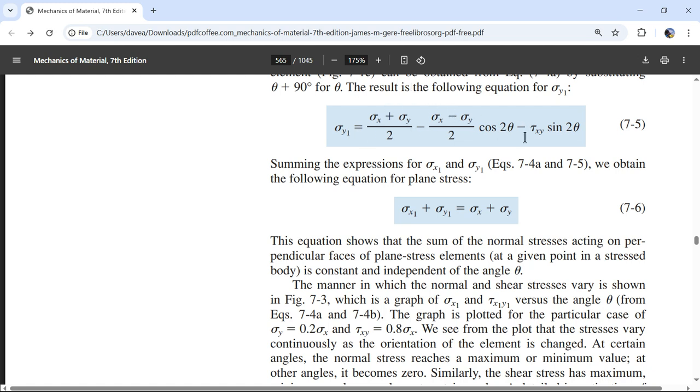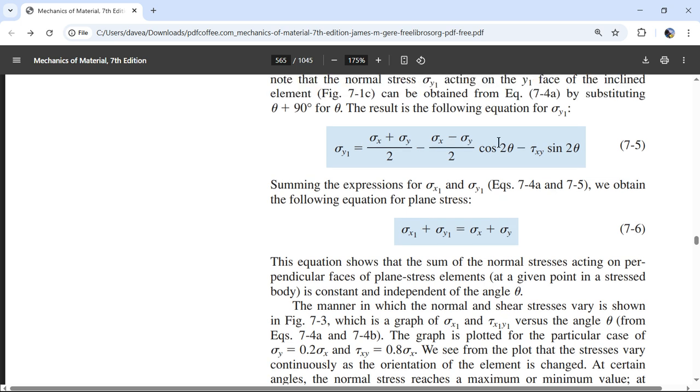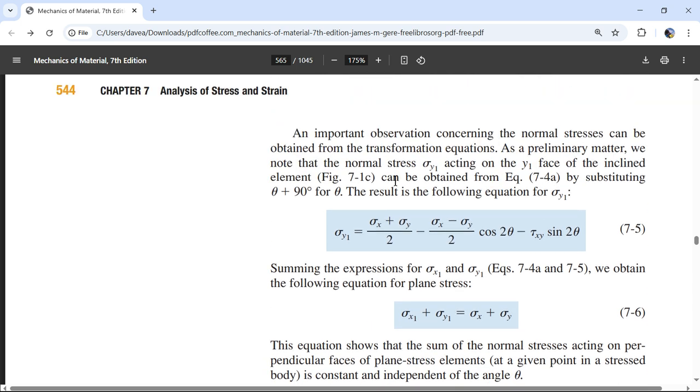So it's different, and the fact that sigma x1 and sigma y1 are related in this way, and I guess, oh, here it is. Yes, because sigma y1 acts on the face at theta plus 90. So thank goodness, because it's good to ponder questions before. Textbooks are very difficult.